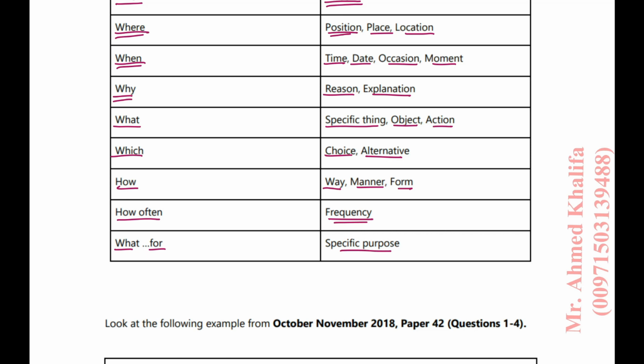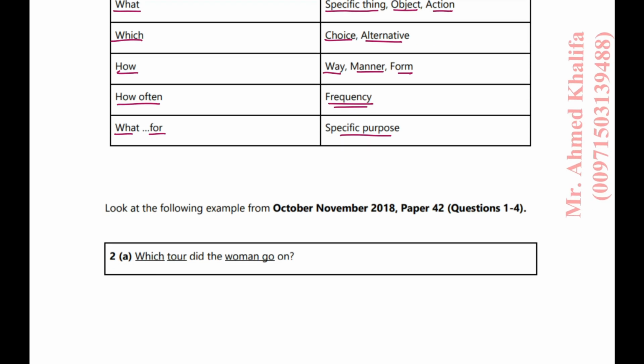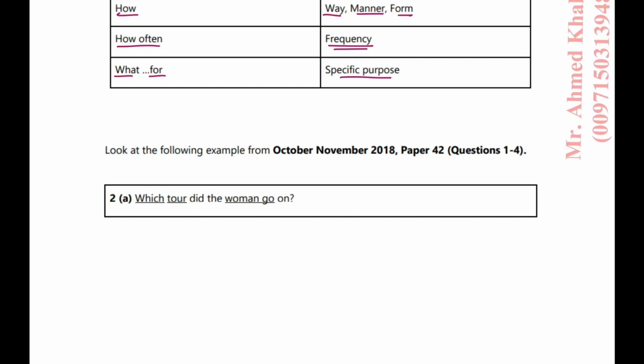Now, let us look at the following example from November 2018, paper 42, questions 1 to 4. And the question was: which tour did the woman go on? Okay?